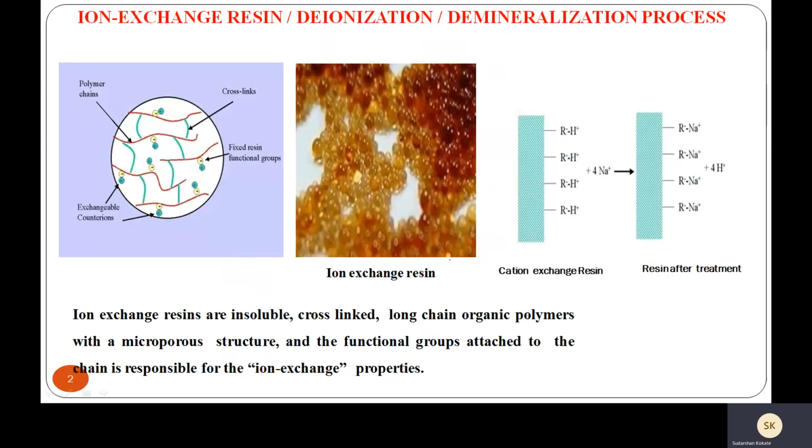Such water quality can be obtained only by the ion exchange method, deionization procedure or demineralization procedure.